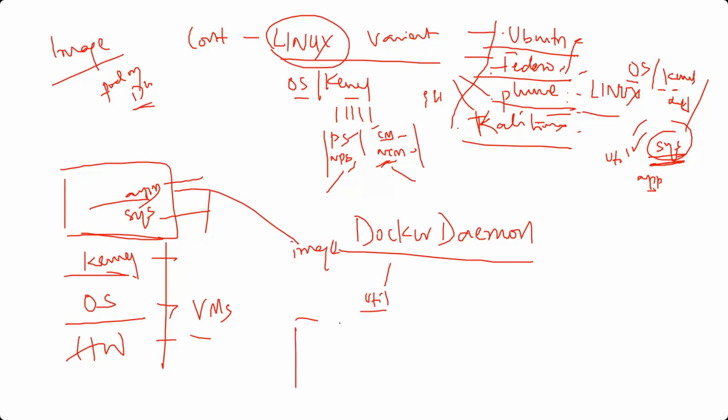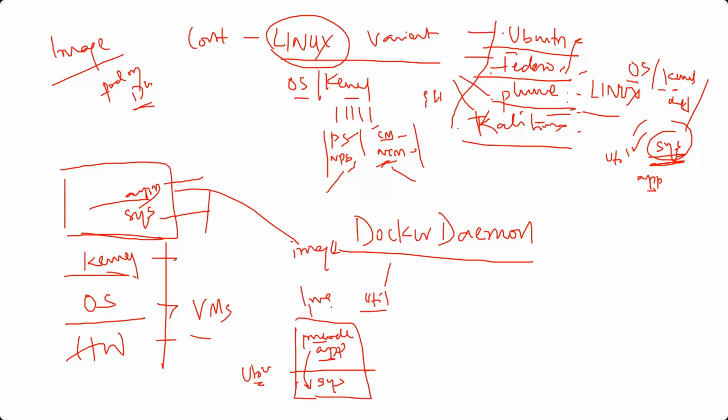For example, I picked up an image from an operating system called Ubuntu. I have Python installed, and that's my app, and there's a utility program, so there will be one utility library for Python on the Ubuntu OS.